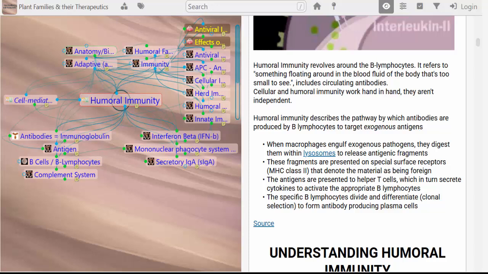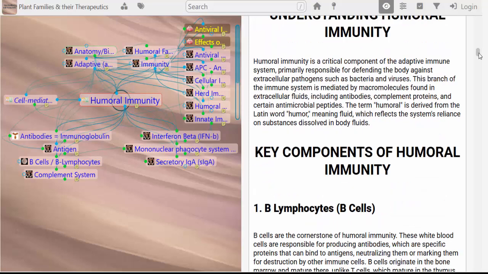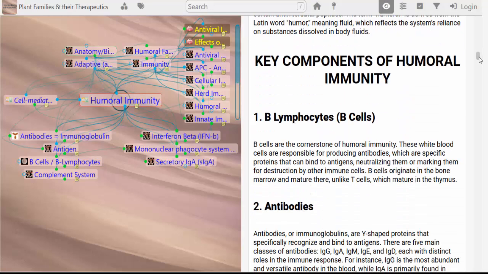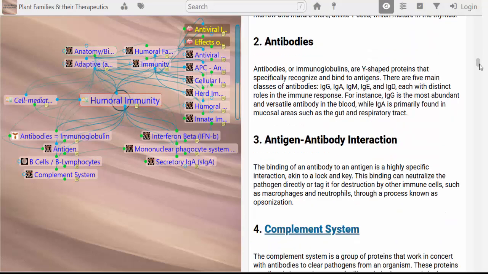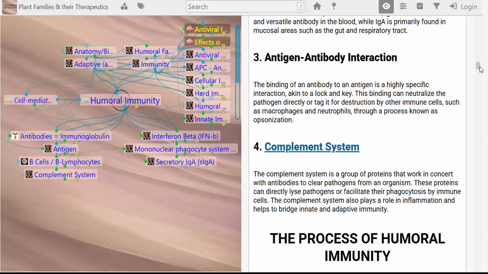The specific B cells then are going to divide and differentiate. This is called clonal selection, where they just create identical copies of themselves. And they're going to then form antibody-producing plasma cells.